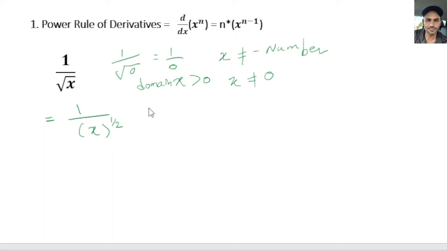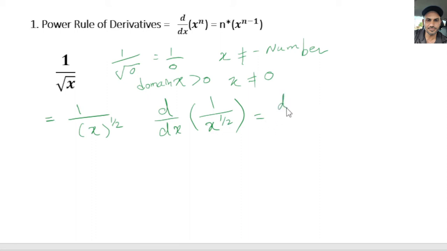And now we want to take the derivative of this particular function. So we have d over dx of 1 over x to the 1/2 power. We can use the law of exponents here. If we have something in the denominator, we can move it to the numerator and change the sign of the exponent. So that's what I'm going to do next.